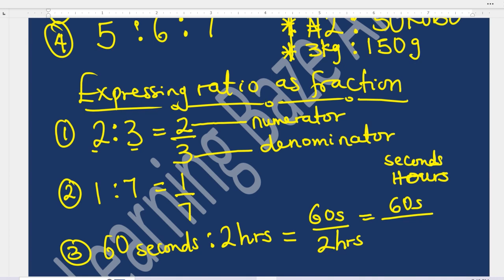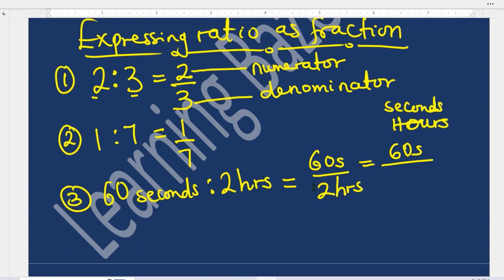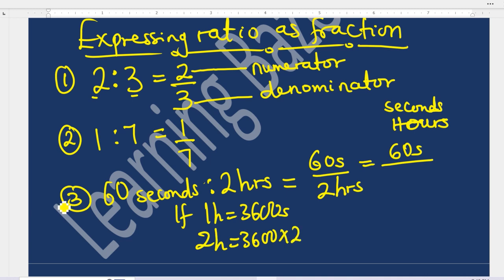So for 2 hours, how many seconds are we going to have? If 1 hour is equal to 3,600 seconds, 2 hours is 3,600 seconds multiplied by 2. That's equal to 7,200 seconds. So instead of writing 2 hours as the denominator, we replace it with 7,200 seconds. So we have been able to express the ratio 60 seconds is to 2 hours as a fraction.